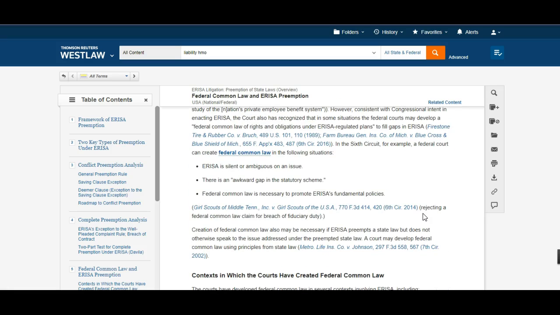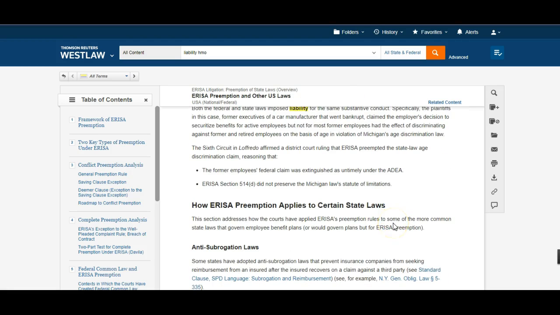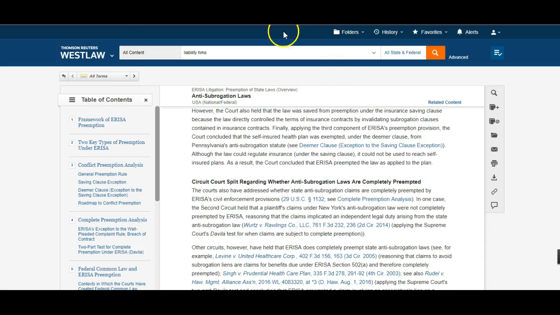So this is similar to what we've been looking at. Where it gets a little bit different is up here in Westlaw.